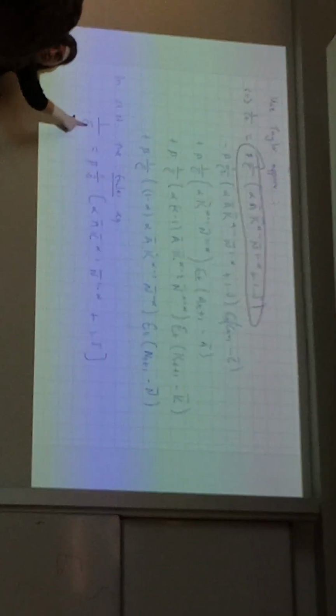So this term here is the right hand side of this. Okay? So I can just replace it with this so that it looks easier.